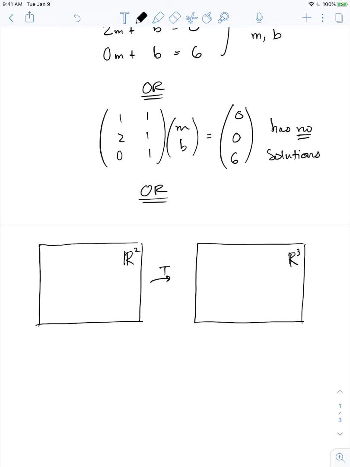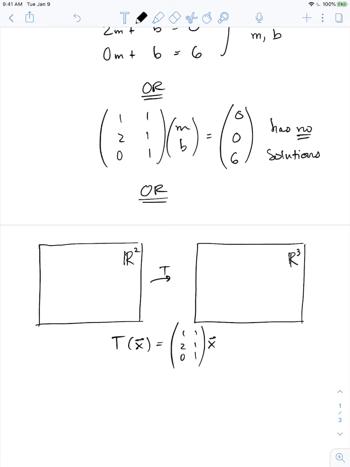The way T works is T takes a vector x in R2 and does the matrix 1, 2, 0, 1, 1, 1 to that vector. That's how T works.